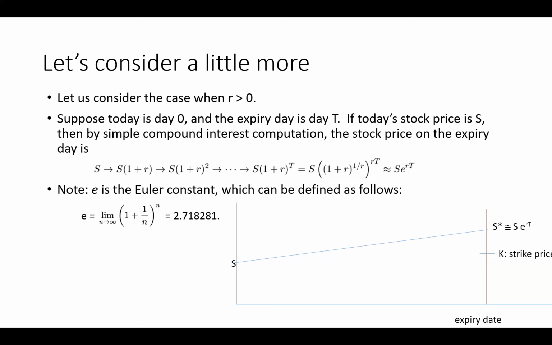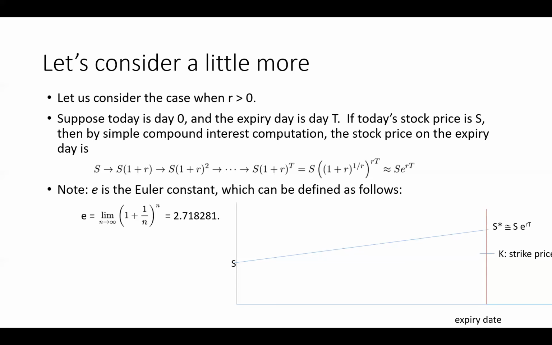So in other words, in this situation, the option pricing should be something like this. Let me write it out clearly. What is delta? This is delta, S minus K. And the option pricing is this number, delta times E minus RT.